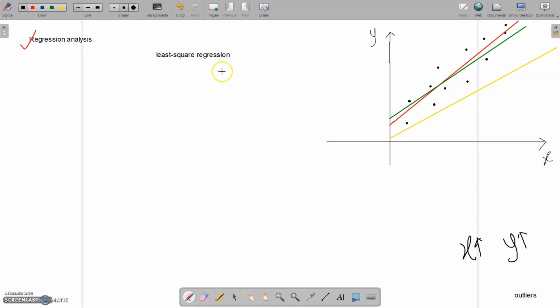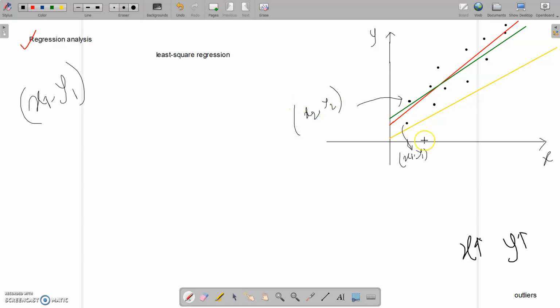Okay. Now least square regression. So here you can see, say for example I have one point, say this is x1 and y1. It is this point. Okay, so this is x1 and y1, this is the first point, and this is a little further, so let's name it x2 and y2.